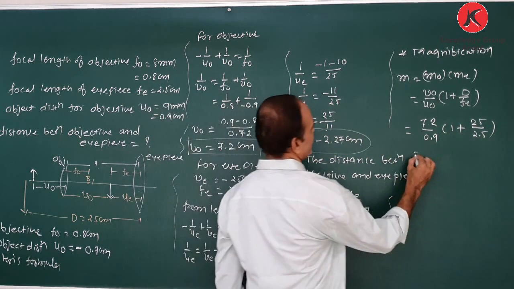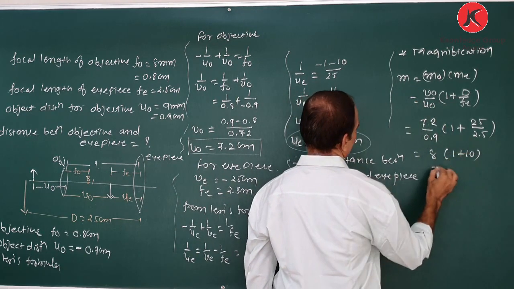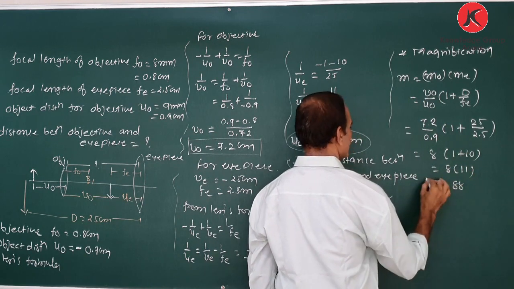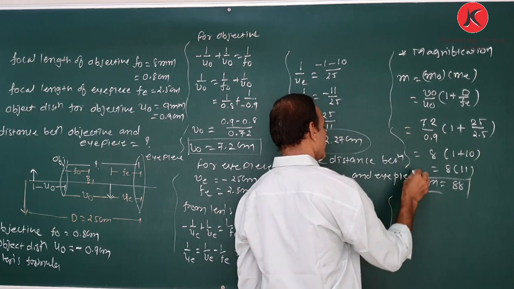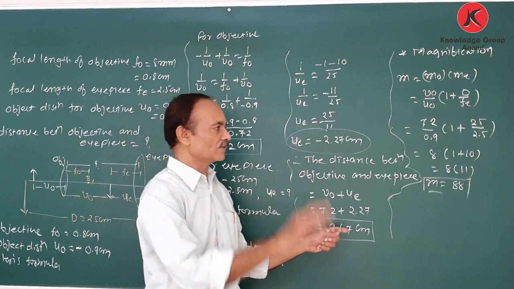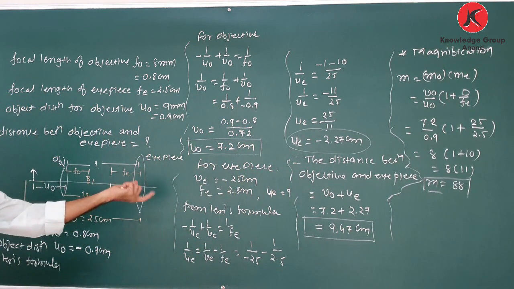So here there is the 8, and 1 plus 10, that means 8 into 11. That means 88 is the magnifying power or the magnification of a compound microscope. So both numericals are the same, the earlier one and this.